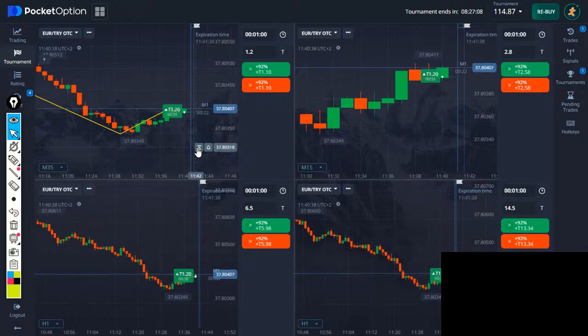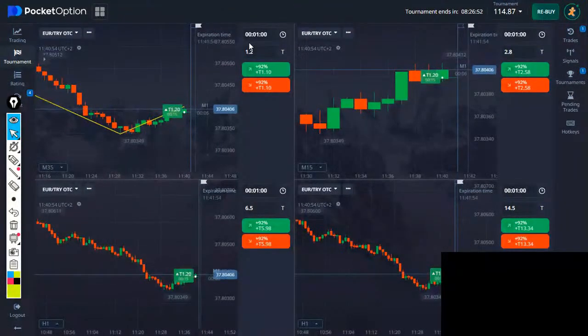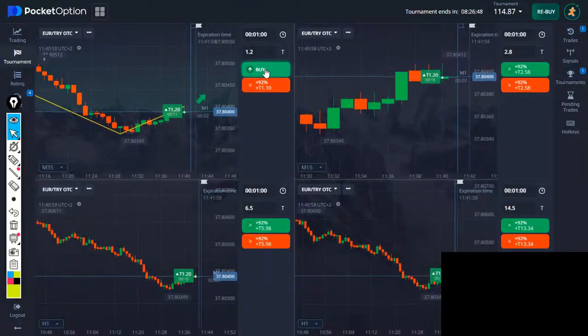I've seen martingale strategies used by traders. However, this one is the safest of them all because when I see people using martingale in binary options, they usually use 15 seconds or 10 seconds expiry times, which is a disaster in my opinion.